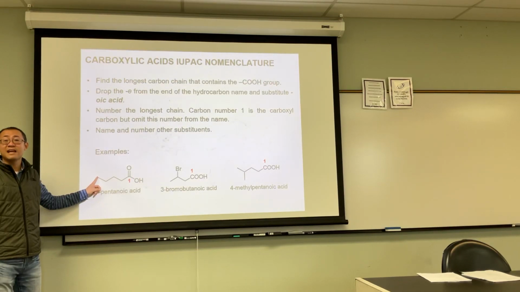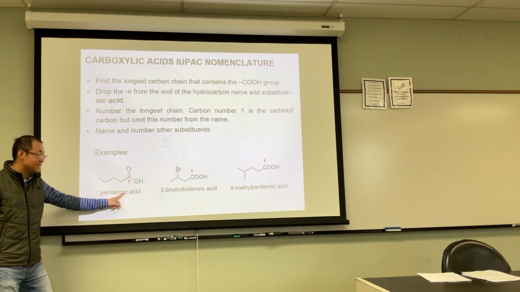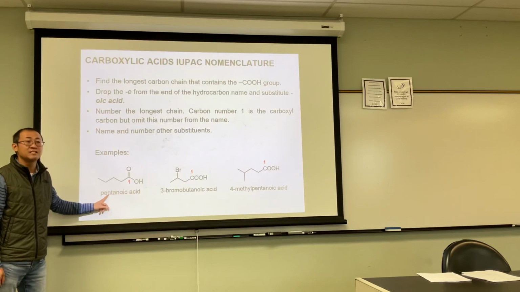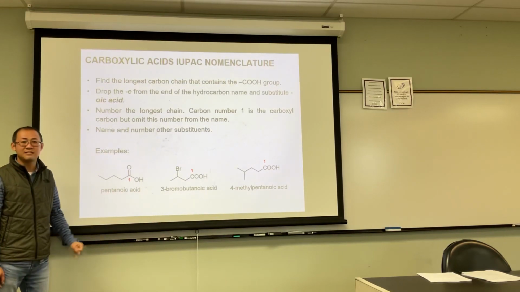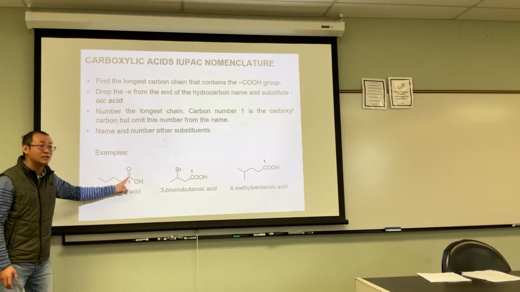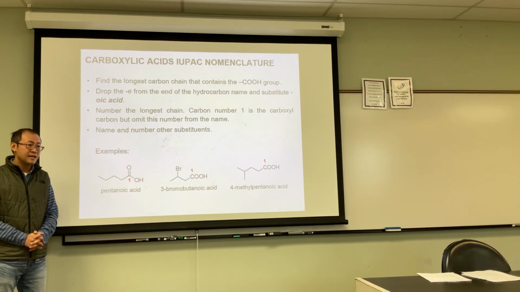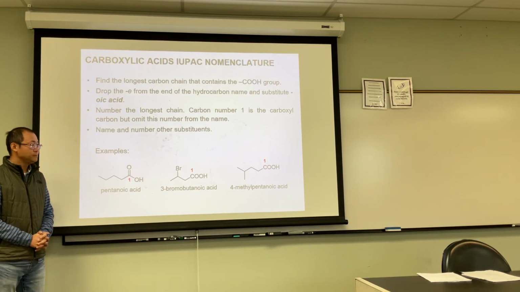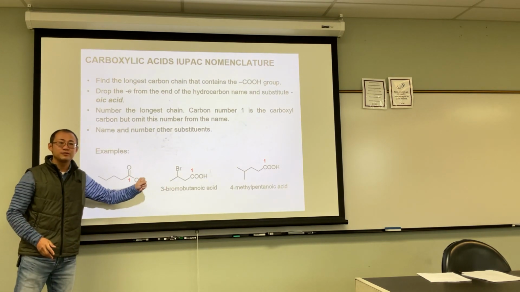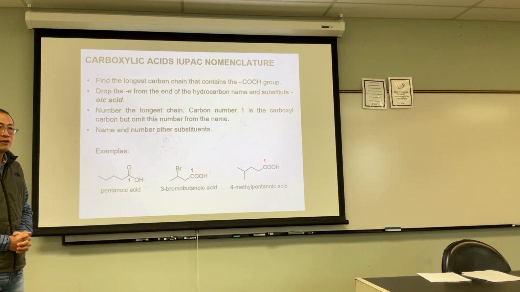The alkane name is pentane. You drop the E of pentane and replace it with oic acid. So the name of the acid is pentanoic acid. There's no 1 in front of it. Why? Because this carbon is always number 1. You don't have to number that one. Okay, pentanoic acid. I'll give you a minute or two to take a look and see if you understand the name of the middle molecule and the molecule on the right.